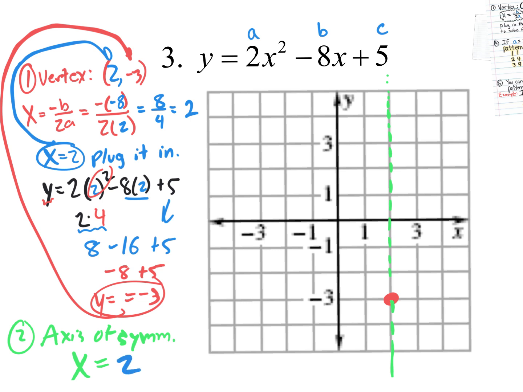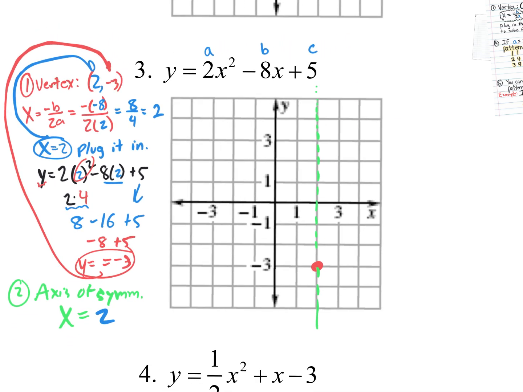Okay, so now we're ready for more points. So yes, you could go back to the old school way of doing it and do an input-output table, like an XY table. And you would have to plug in some numbers. And the numbers that you put into the x's have to be close to the vertex x value of 2. So you could plug in a 3 and a 4, or you could plug in a 1 and a 0.